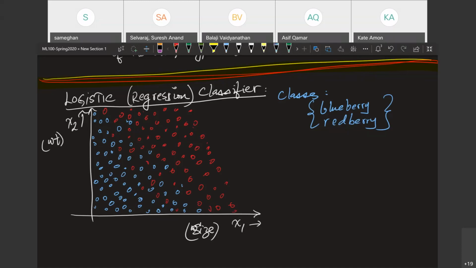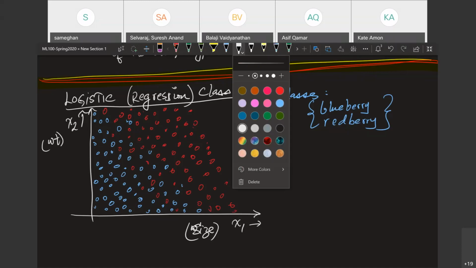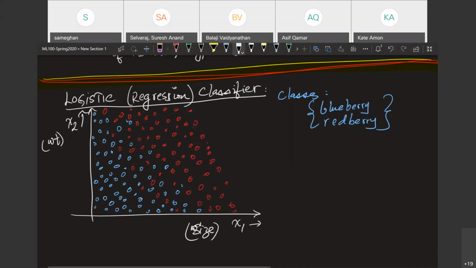If I were to ask you this question, let me put a point A, a point B, a point, let us say, C, and a point D. What can you say about A, B, C, and D?